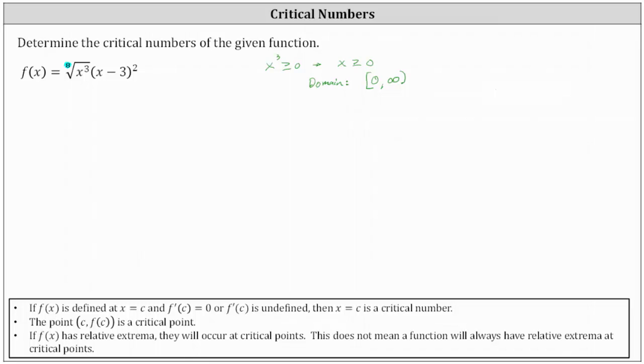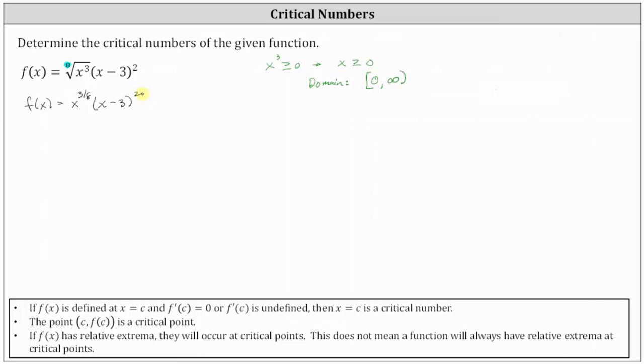Before we do this, though, let's write the 8th root of x cubed using the rational exponent of 3/8. We can write the given function as f of x equals x to the power of 3/8 times the square of x minus 3.